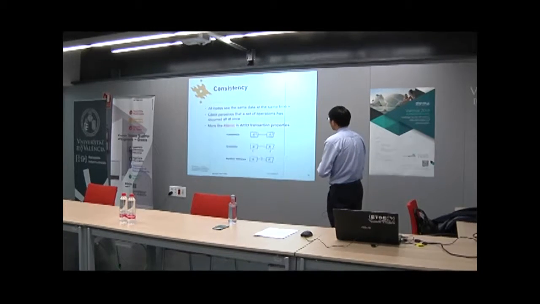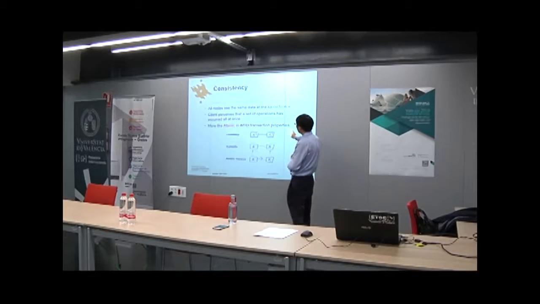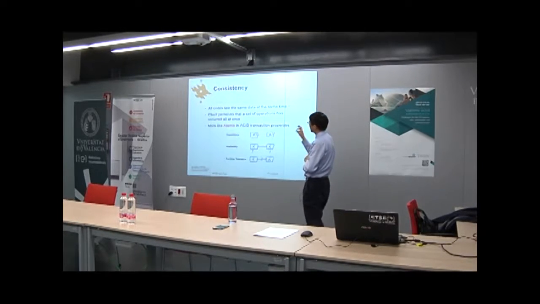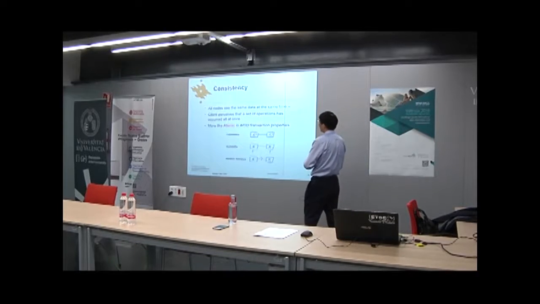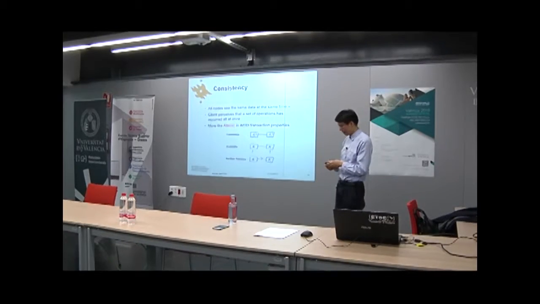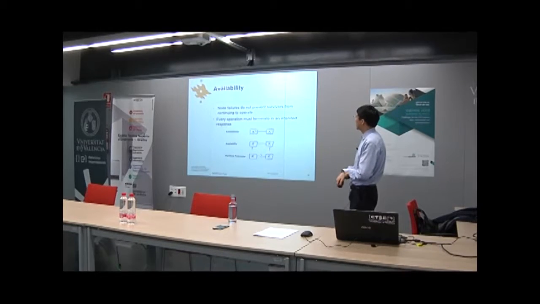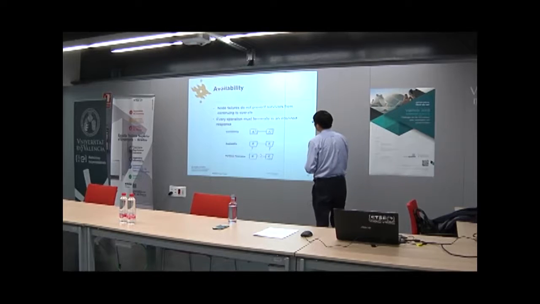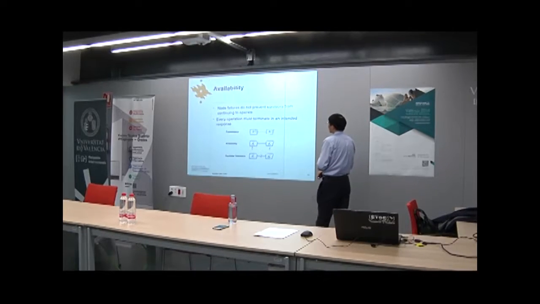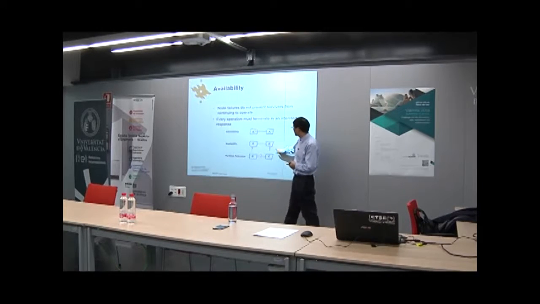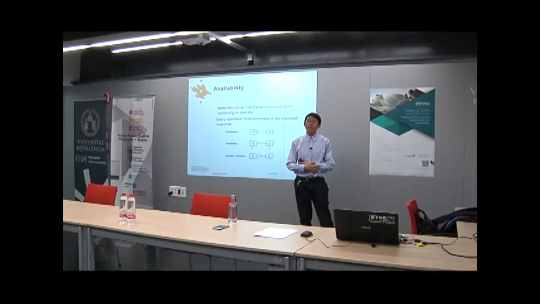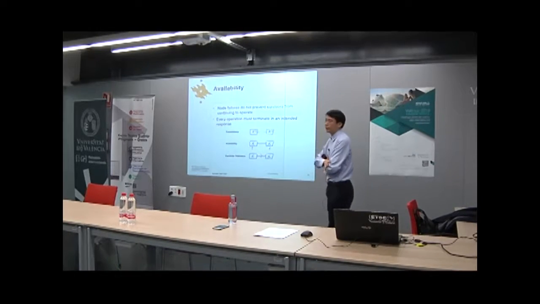This consistency is not the same as the consistency in ACID, but is more like atomicity in the ACID transaction properties. The second is availability. Availability means that node failures do not prevent survivors from continuing to operate. This means the system is always available even if some node has failed.